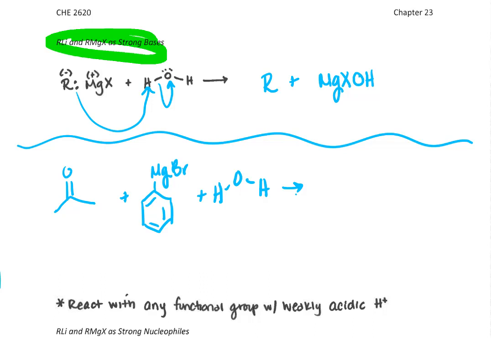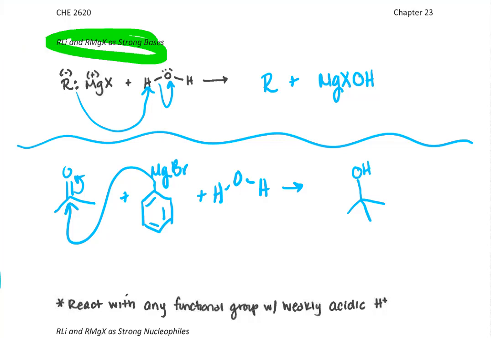So if this were to happen, your goal, of course, is to have this type of thing occur by the magnesium attacking like so. The problem is the Grignard reagent is such a strong base that it's going to behave as a base well before it behaves as a nucleophile.